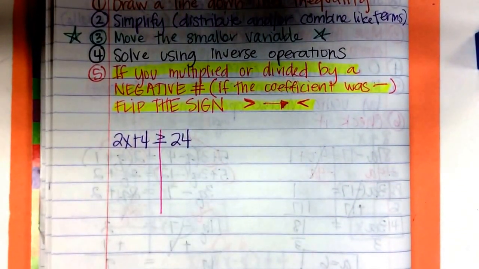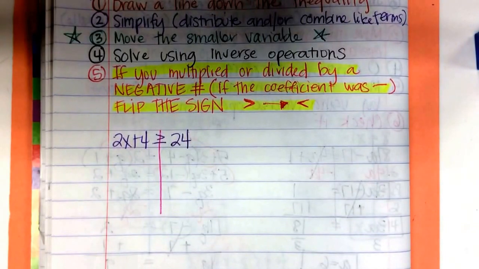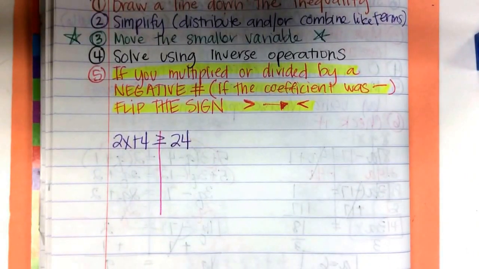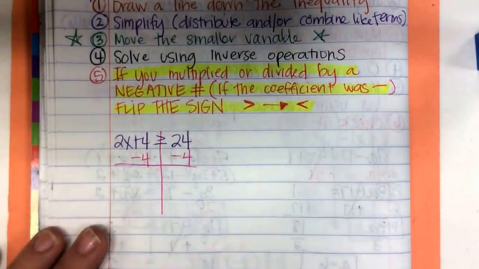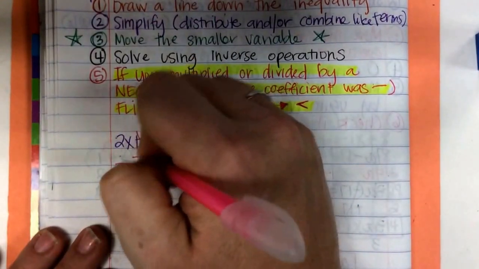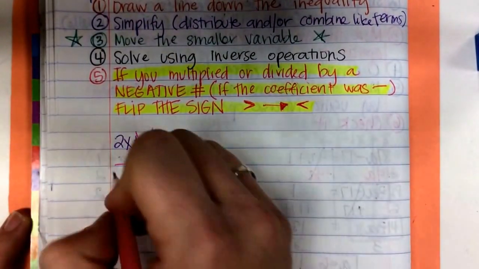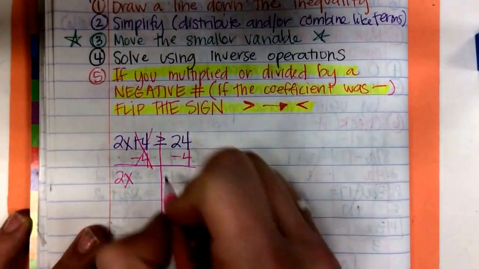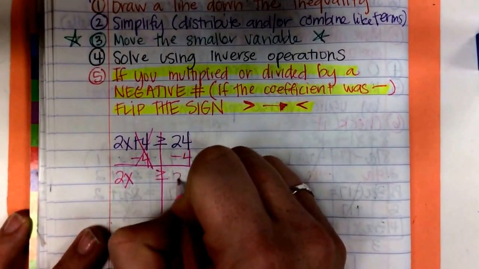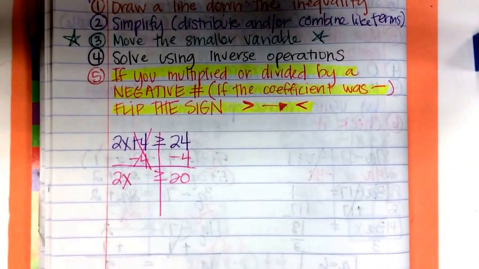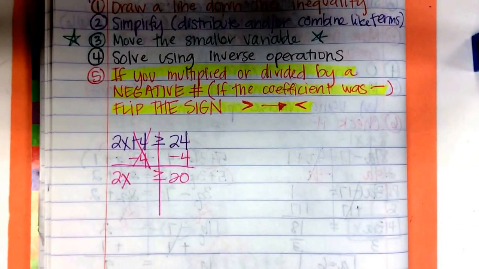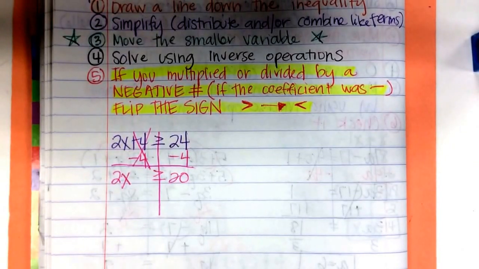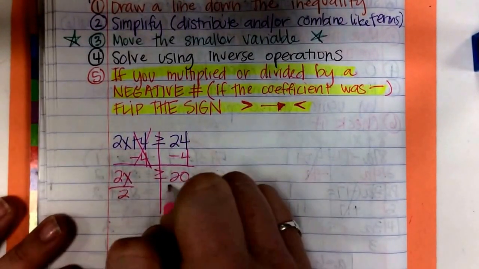All right, let's solve. What do we do? Minus 4. Minus 4. So I have 2x is greater than or equal to 20. Next step. Divide by 2.